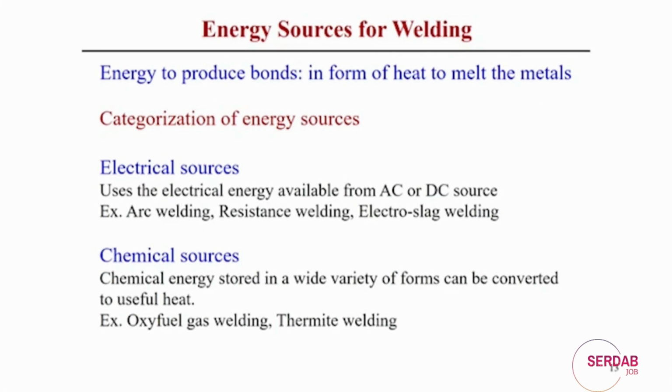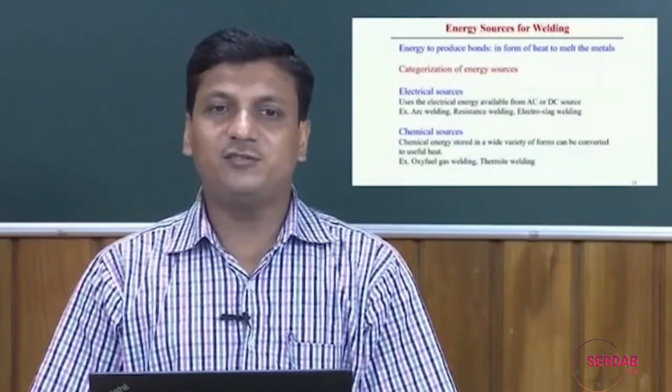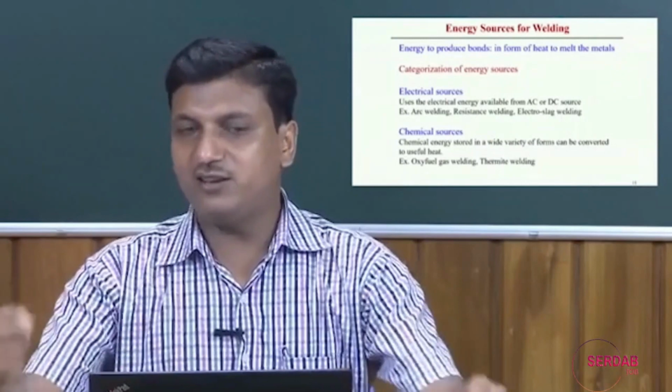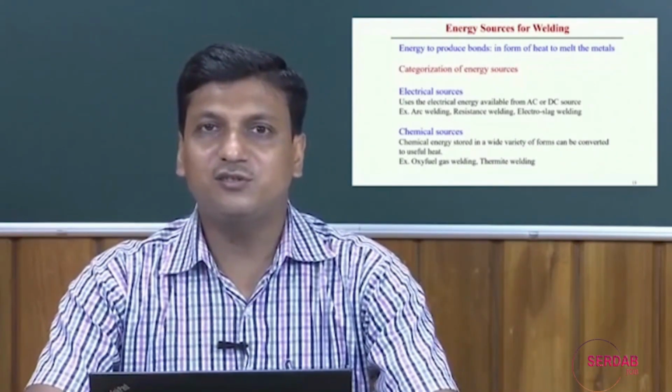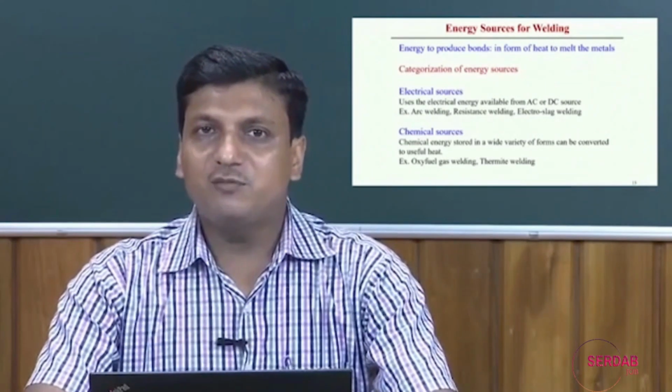Second source of energy for welding is the chemical sources. Here the chemical energy is stored within a cylinder, and we can use the chemical energy in different forms. For example, oxy-fuel gas welding, where we use a fuel cylinder to make the gas welding process, and even thermite welding processes. In this case also we use chemical energy.